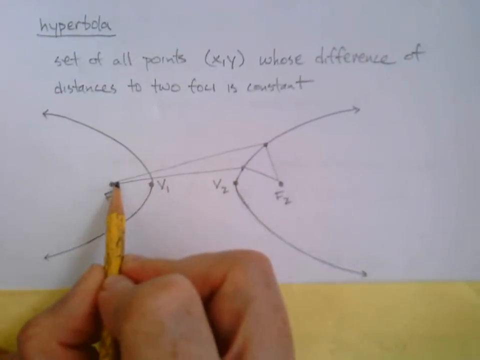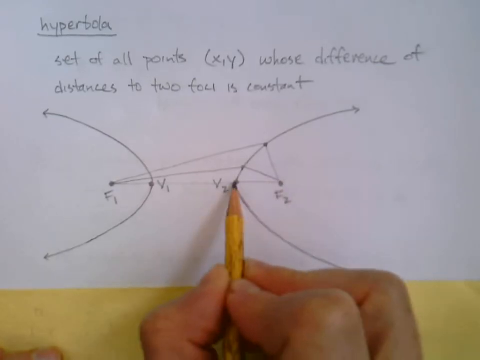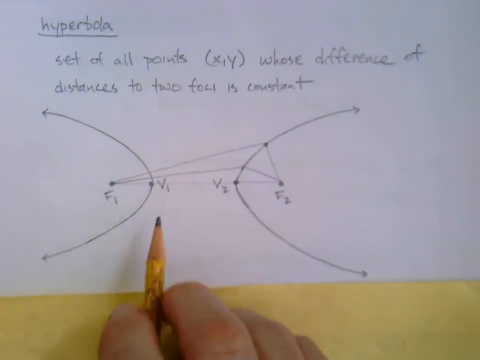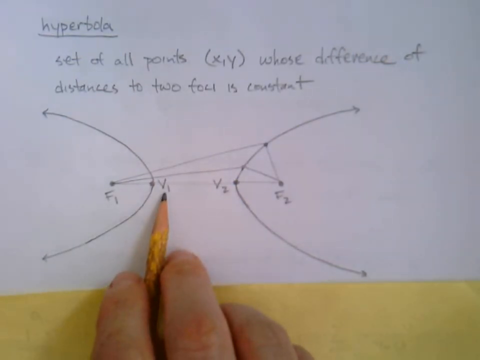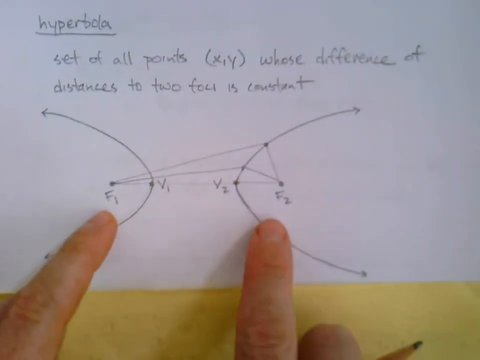So if we went to maybe vertex 2, all those differences would always be the same no matter where we look. Again, you notice that now the vertices V1 and V2 are inside the two foci.